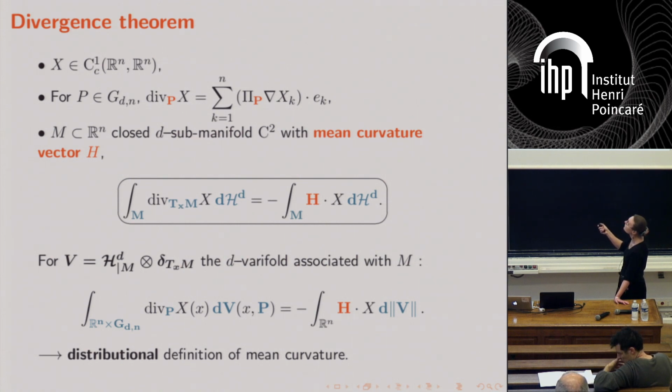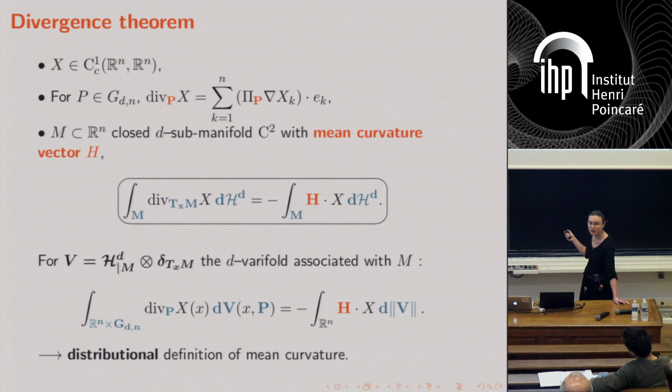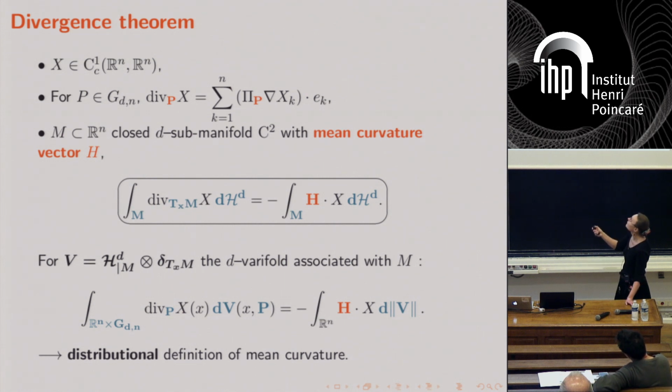Here you take a test function, you integrate this other differential operator, and on the right-hand side you have the mean curvature that appears, okay? So this is close to the more classical divergence theorem in an open set of Rn, but if you were in Rn, you would have the classical divergence, and here you would have 0, okay?